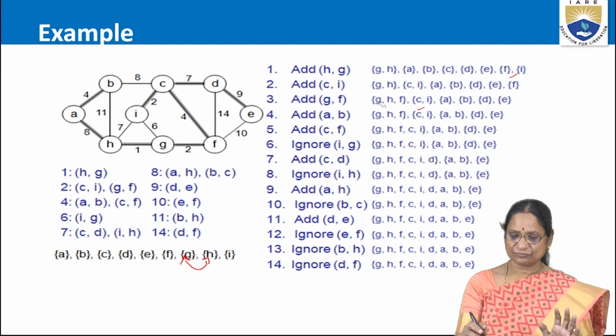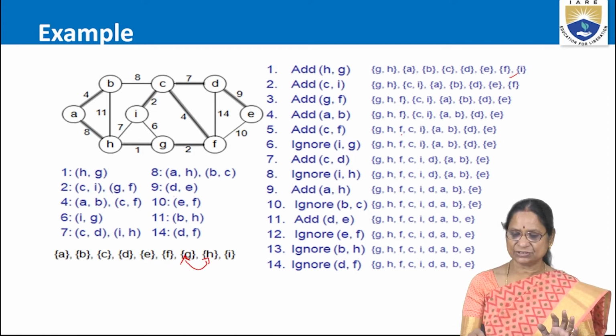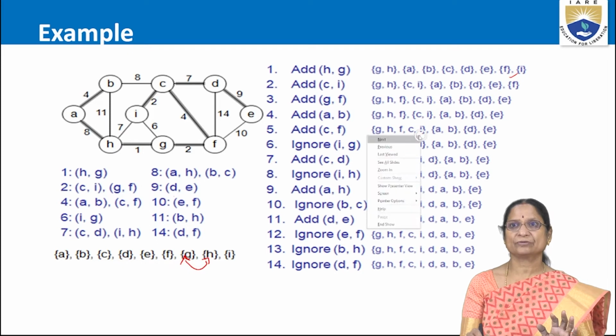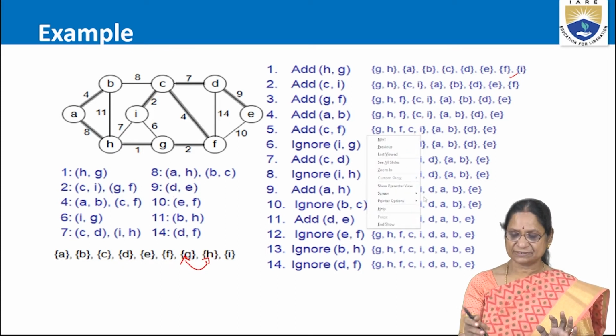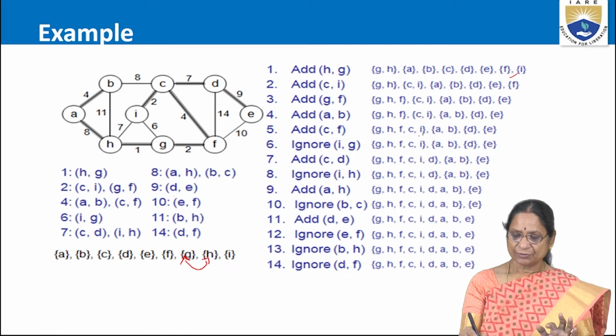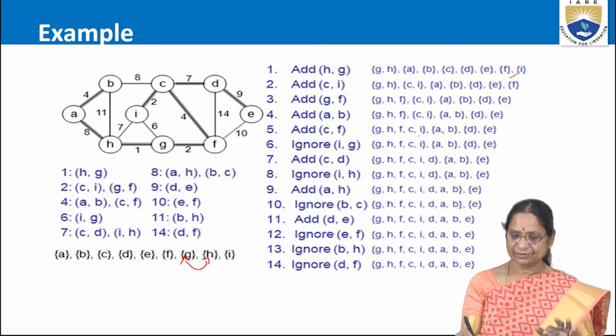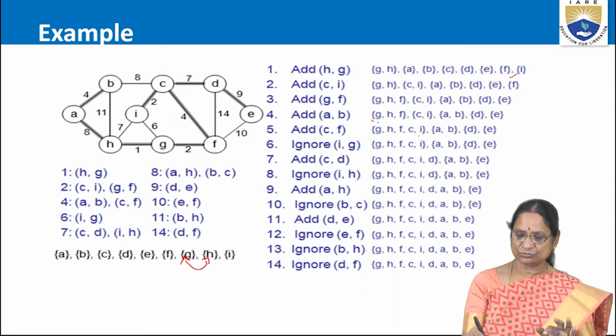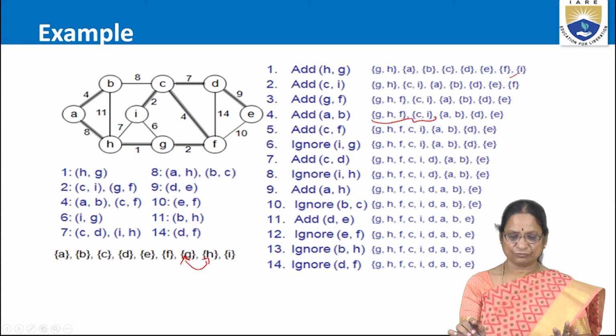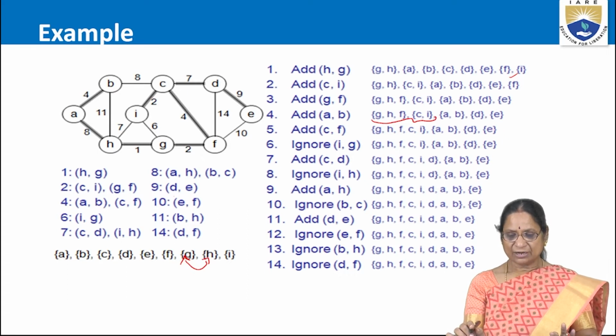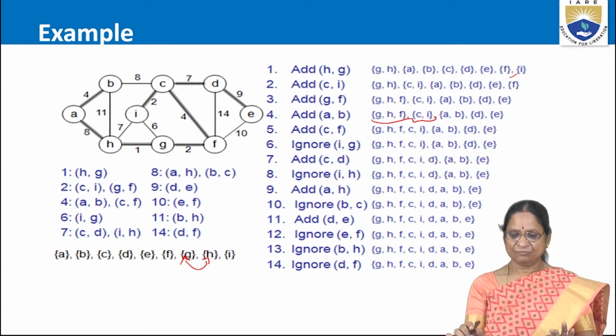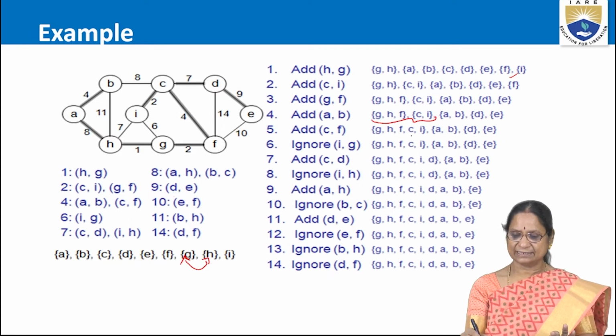After adding CF, these two are unioned, so I'll get GHFCI. The remaining ones are AB and DE. After adding CF, we got like this.